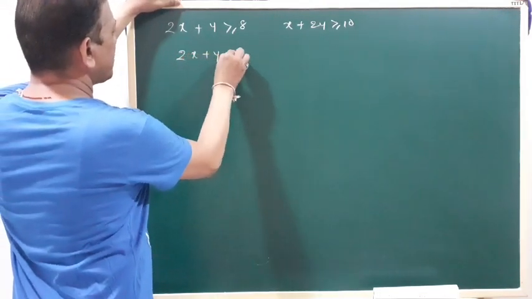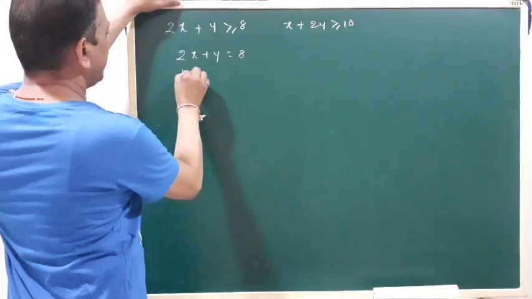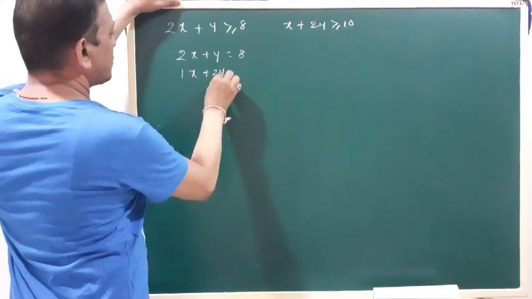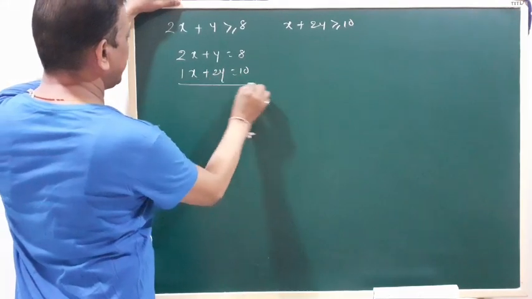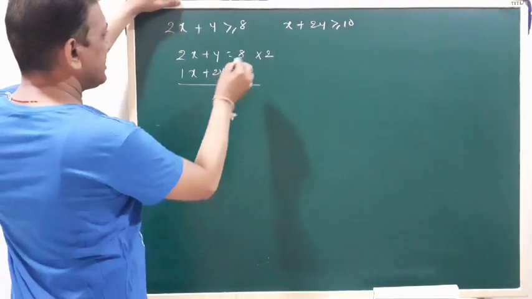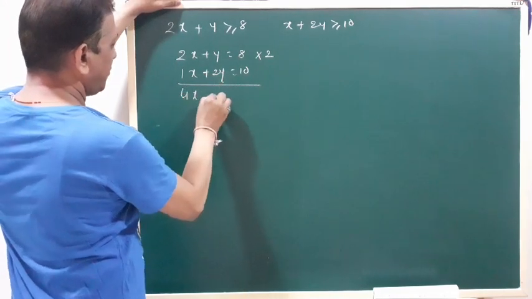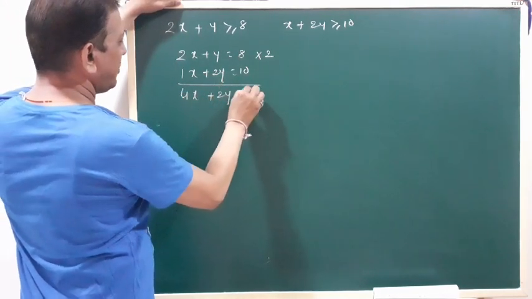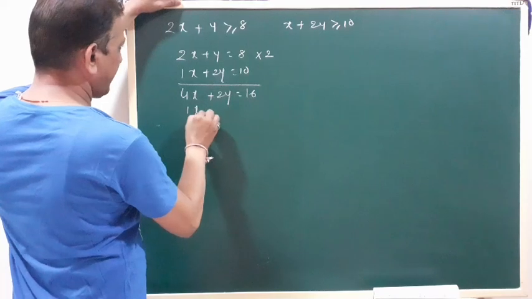So 2x plus y equal to 8, and x plus 2y equal to 10, multiply by 2. 2 twos are 4, 2 ones are 2, 8 twos are 16.